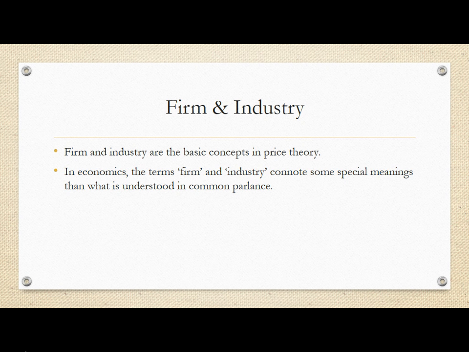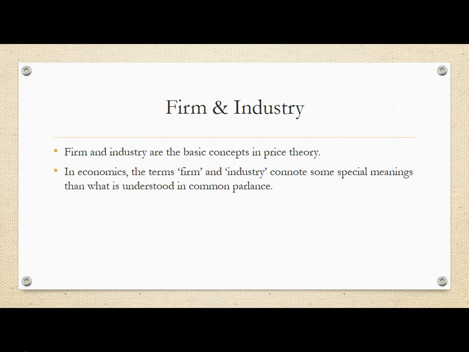The firm's production plant has a specific location. The industry is spread over a wide region. In short, a firm is an individual productive unit. An industry is a set of all such firms, big or small, engaged in identical productive activities.